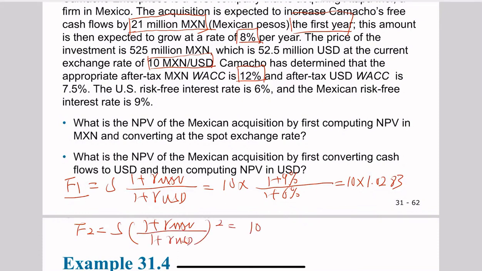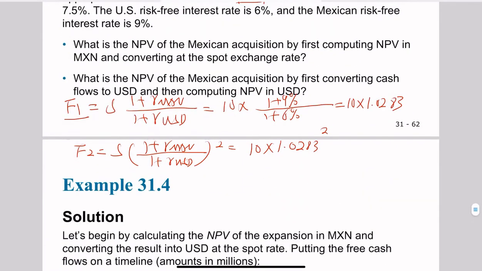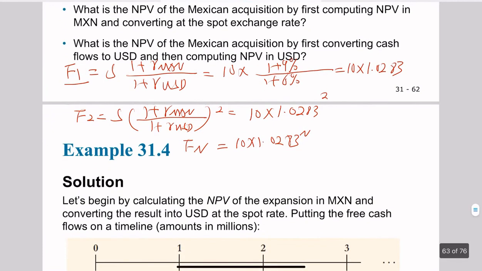So it becomes 10 times 1.0283 squared. And you can do the same thing with all future years. In the end, the nth year forward exchange rate would be 10 times 1.0283 to the power n. Okay, that's the forward exchange rate.